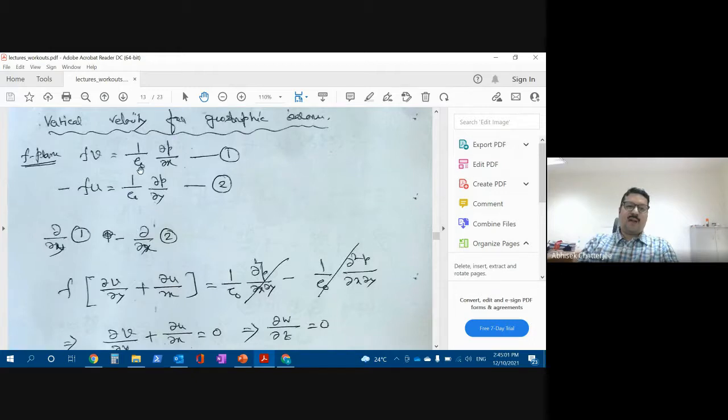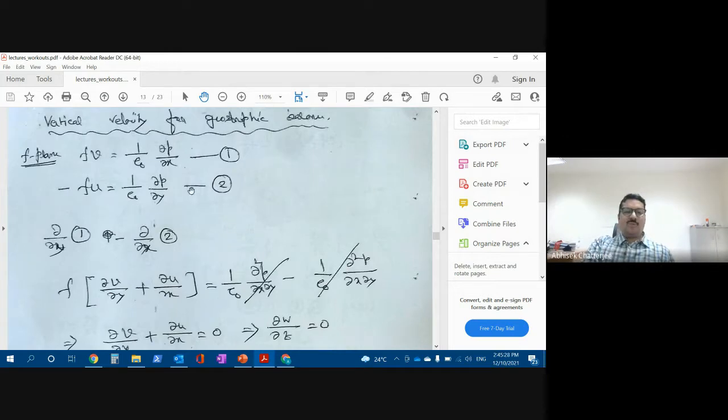Since we take a y derivative of this, we get del v by del y, and here we are taking the x derivative, so we get del u by del x. And we are assuming that f is a constant, that means it is an f plane, so f is not varying with latitude, that is what we are assuming.